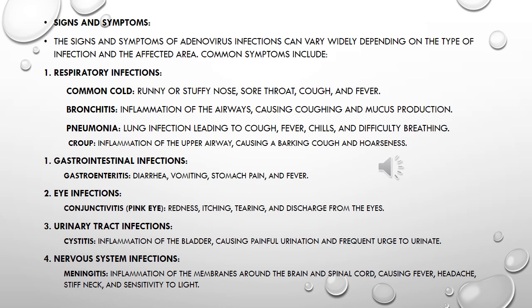Gastrointestinal infections, gastroenteritis, diarrhea, vomiting, stomach pain, and fever. Eye infections, conjunctivitis, pink eye, redness, itching, tearing, and discharge from the eyes. Urinary tract infections, cystitis, inflammation of the bladder, causing painful urination and frequent urge to urinate.